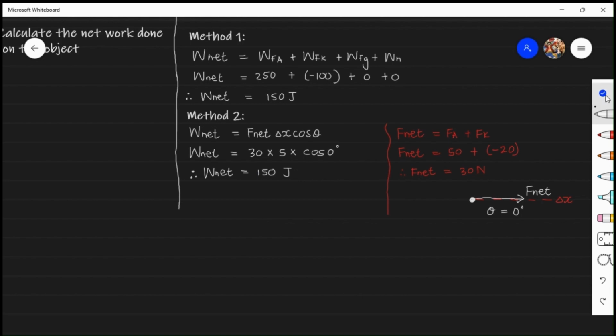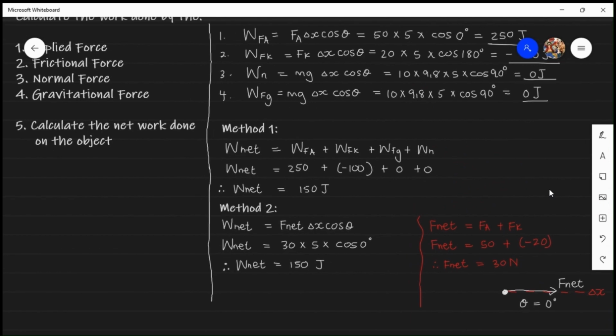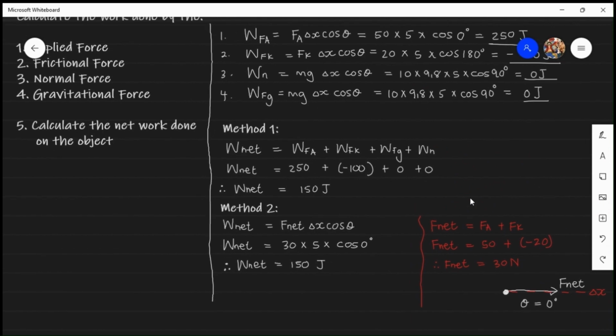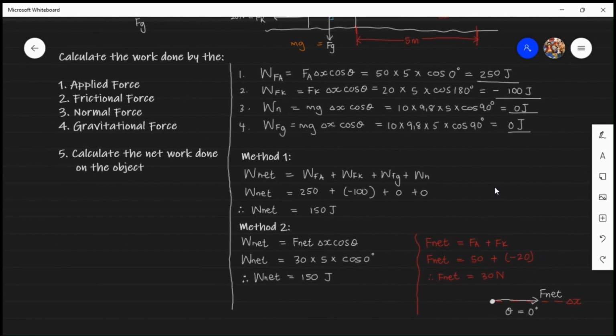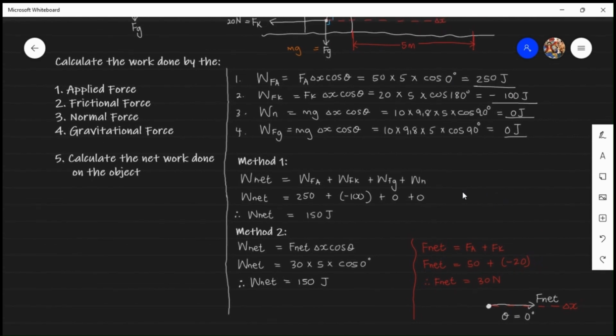So let's just do a quick recap of what we actually did in method 1 and in method 2. Within method 1, all we did was add up all the individual works and get our net work.